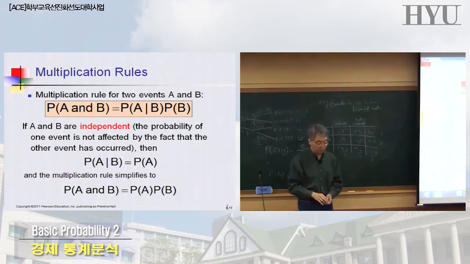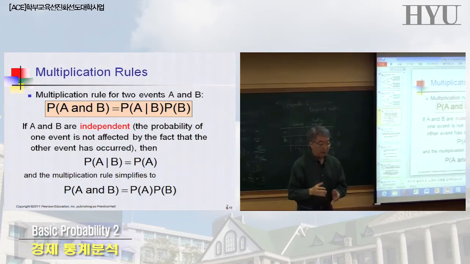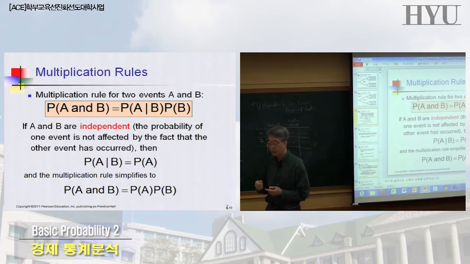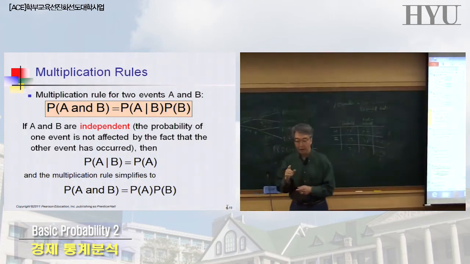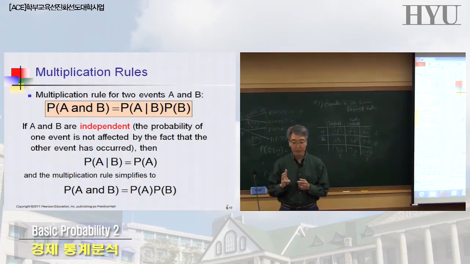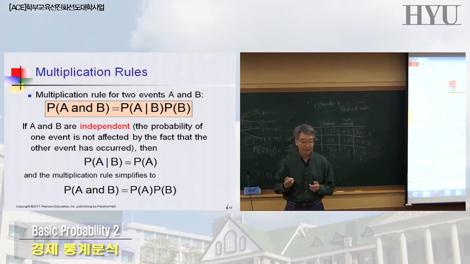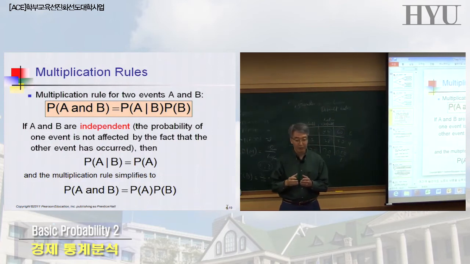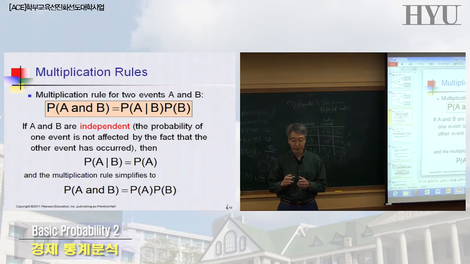Let me ask you quickly: in that experiment, the first trial was flipping a coin and the second trial was rolling a dice. What is the probability that you get a head in the first trial and number 3 in the second trial? It is 0.5 times 1/6.